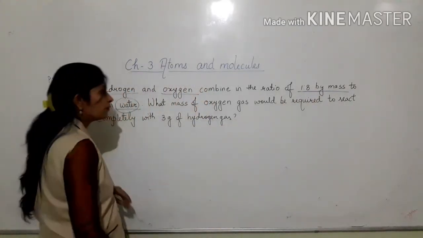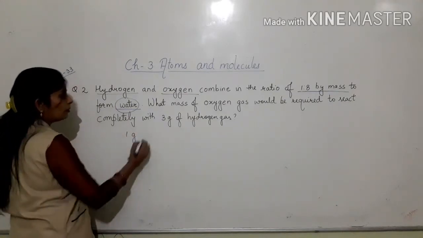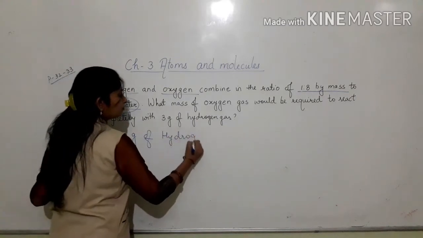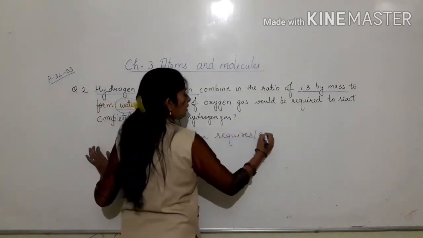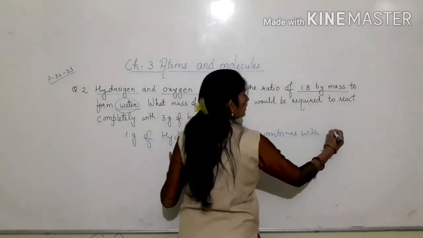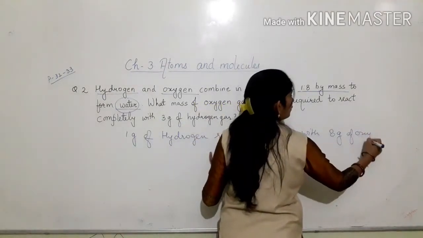It means 1 gram of hydrogen requires or combines with 8 gram of oxygen.